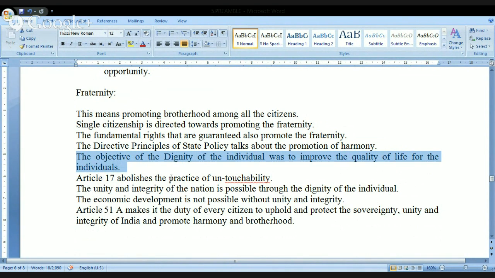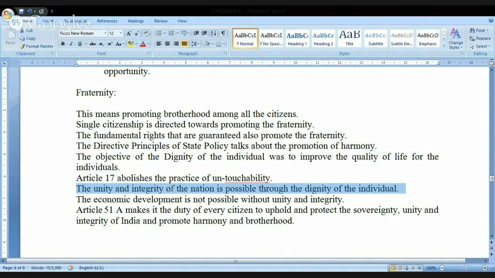And for the promotion of fraternity, Article 17 is also playing a crucial role, where it abolishes the practice of untouchability. The unity and integrity of the nation is possible through the dignity of the individual. Each person has to be provided with dignity, and that should be maintained.